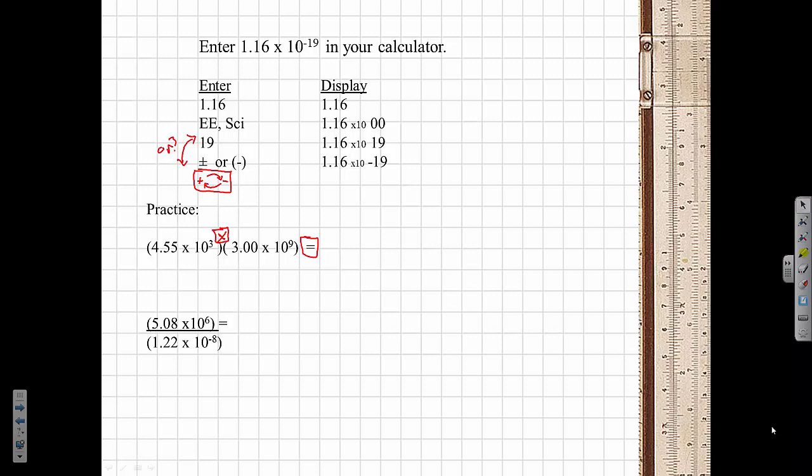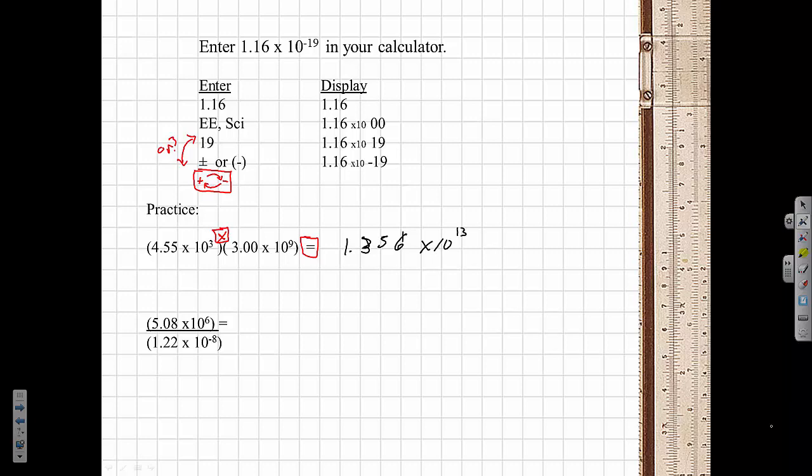Enter that number, press the multiplication symbol, enter the next number, press the equal sign, and you should get 1.356 times 10 to the 13.